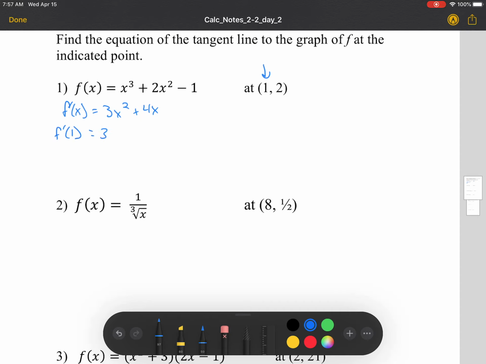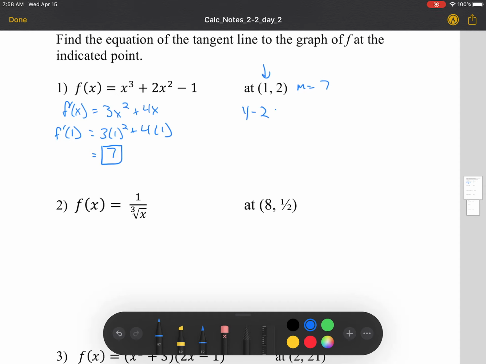So f prime of 1 equals 3 times 1 squared plus 4 times 1. When you solve this out, you should get a nice 7. So we know our slope at that point is 7.